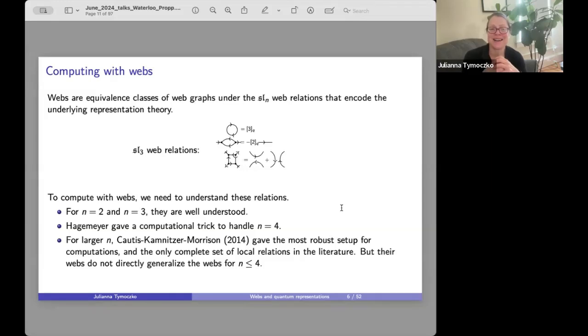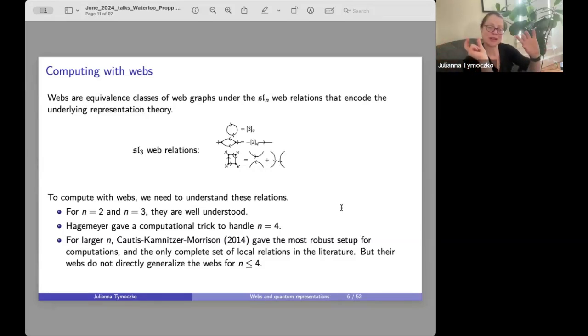That first strain of thinking about webs implicitly had the number 1 sitting above all of these edges, which is great.